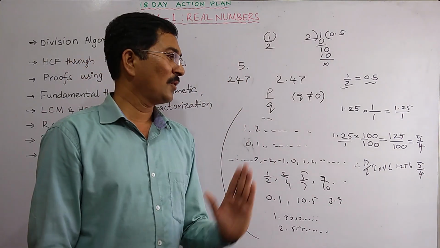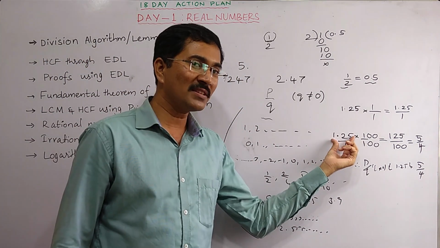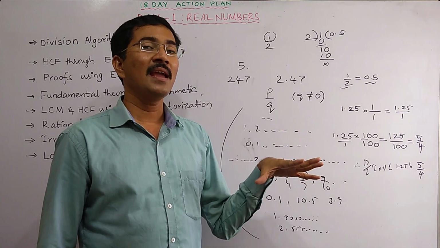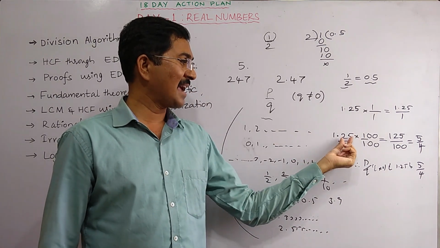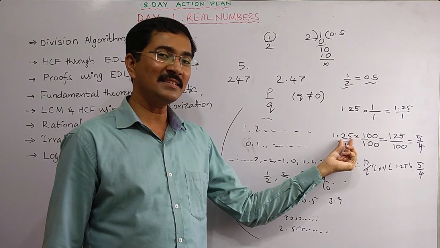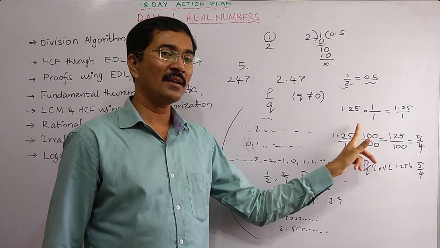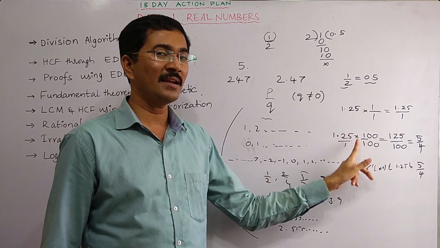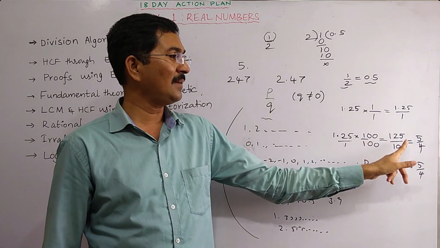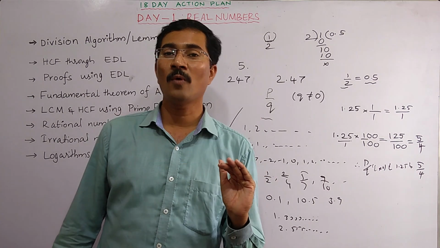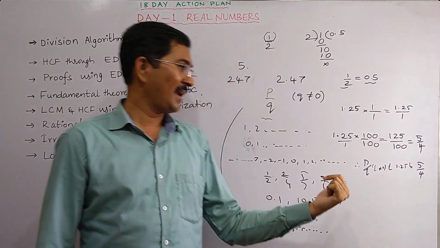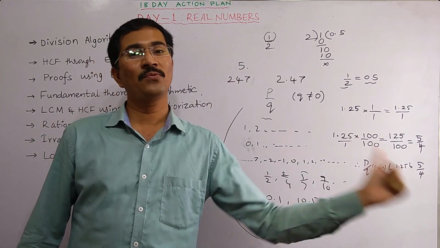What did we do? We take the number with decimal and multiply it by a fraction which has as many zeros as there are digits after the decimal point, preceded by 1 in the numerator and the denominator. Then you will get the result like this. This is one method of converting a decimal into a fraction.